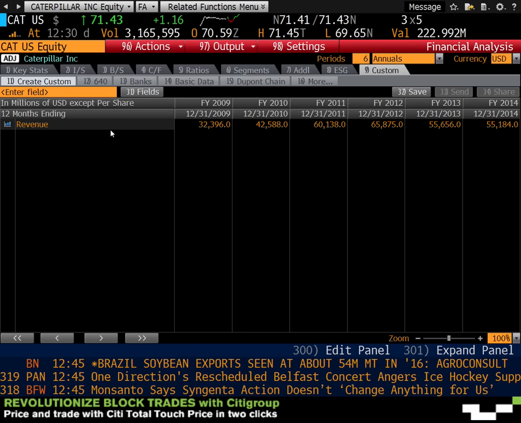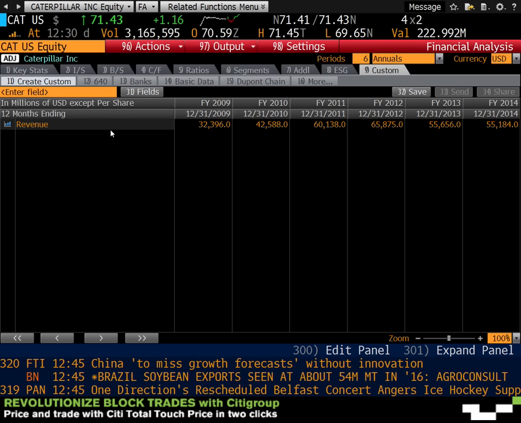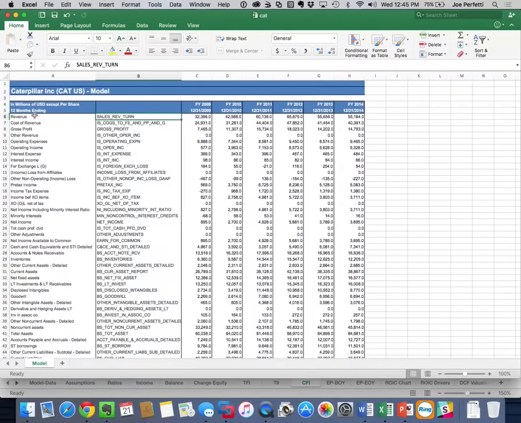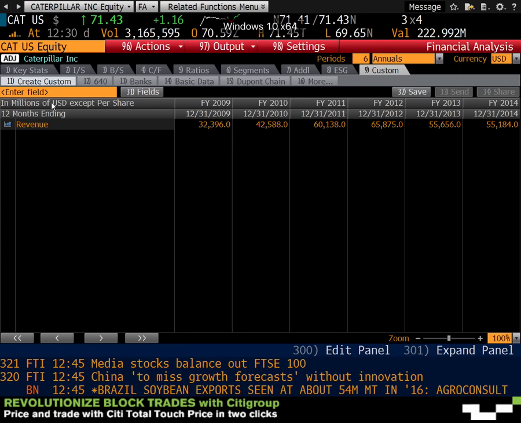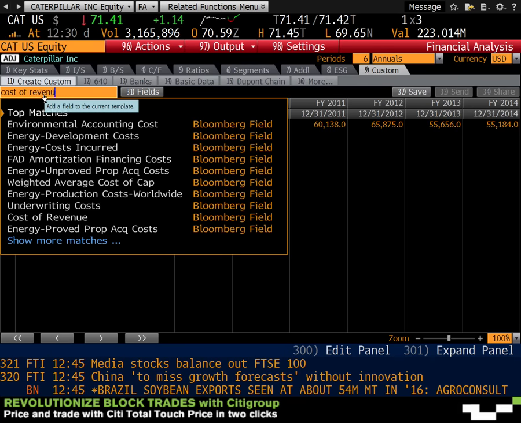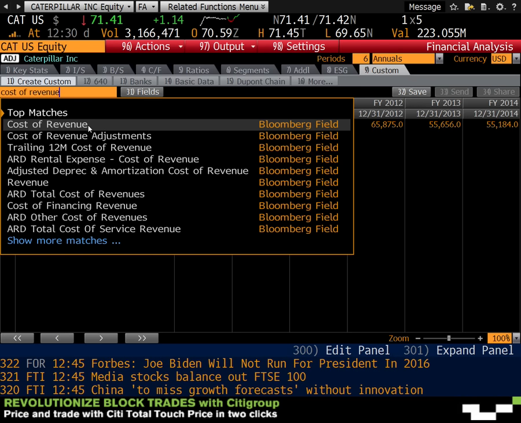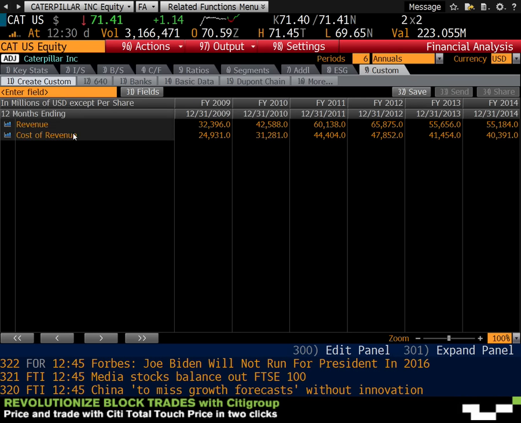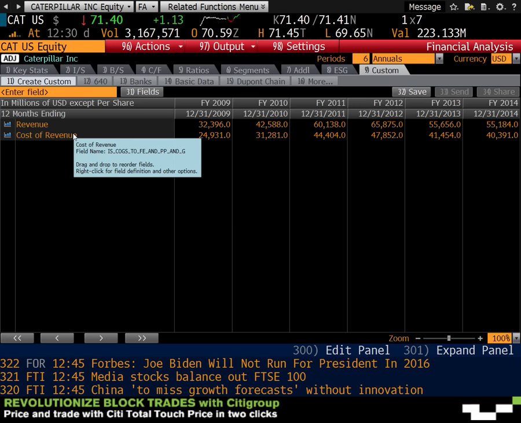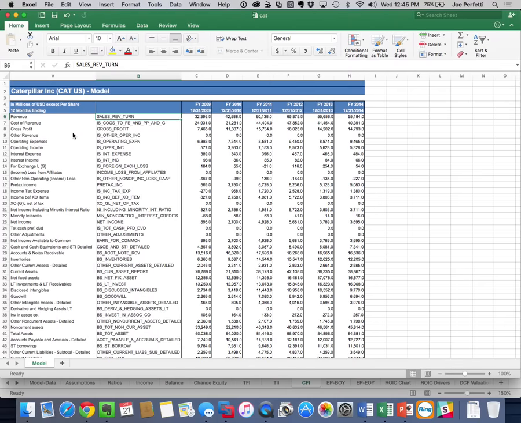That's option A. Option B is I could choose the friendly term, cost of revenue. Start typing in cost, and then I just have to make sure that I choose the right cost of revenue when I do the field. If I hover over it, it's IS COGS, FE and PP and G. So I can do it either way.